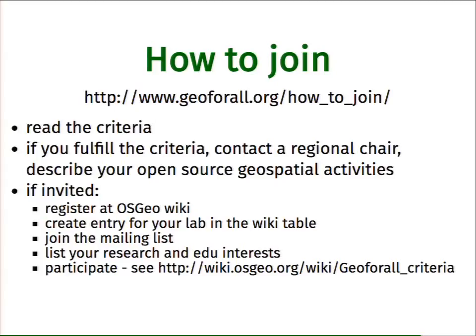And then you send an email to the regional chair. I am one of the three regional chairs for North America, so you are welcome to send an email to me. And you describe your open source activities. And then I would send you back an email telling you what to do. And it's usually just register at the OSGeo Wiki and add yourself to that table. I can add you to that table as well, but you need to add your activities and your coordinates. That's what I don't do.